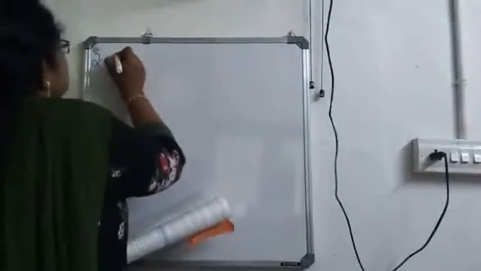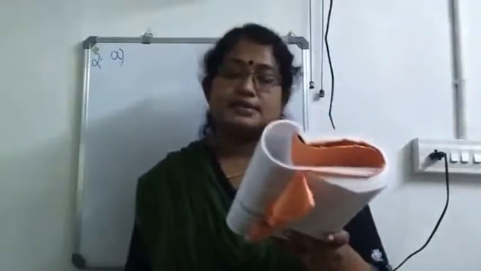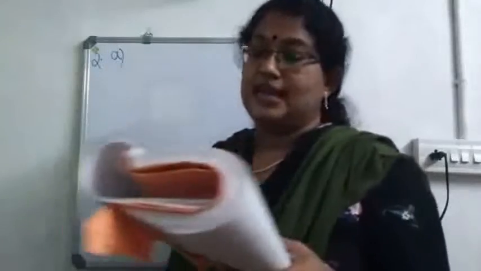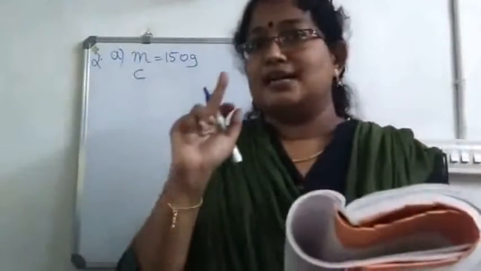Two subdivisions are there. Calculate the heat capacity of a copper vessel of mass 150 gram. So mass is given as 150 gram. If the specific heat capacity of copper is, specific heat is C, heat capacity is C dash.